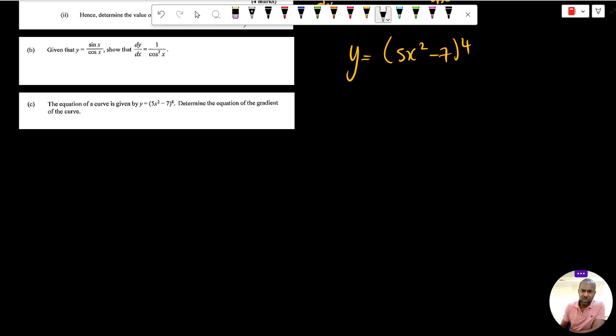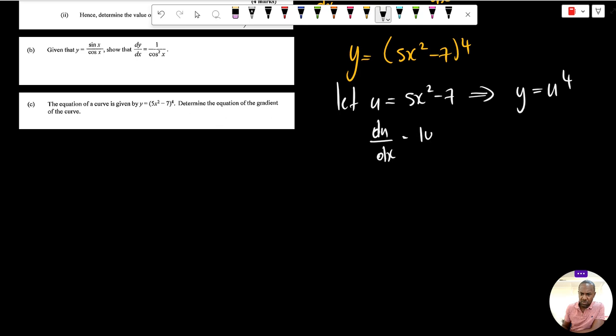So we'll do it two ways. We can say, for instance, let u be equal to 5x squared minus 7, and this therefore means that y is equal to u to the power of 4. Now, if u is equal to 5x squared minus 7, then du by dx is equal to 10x, all right?